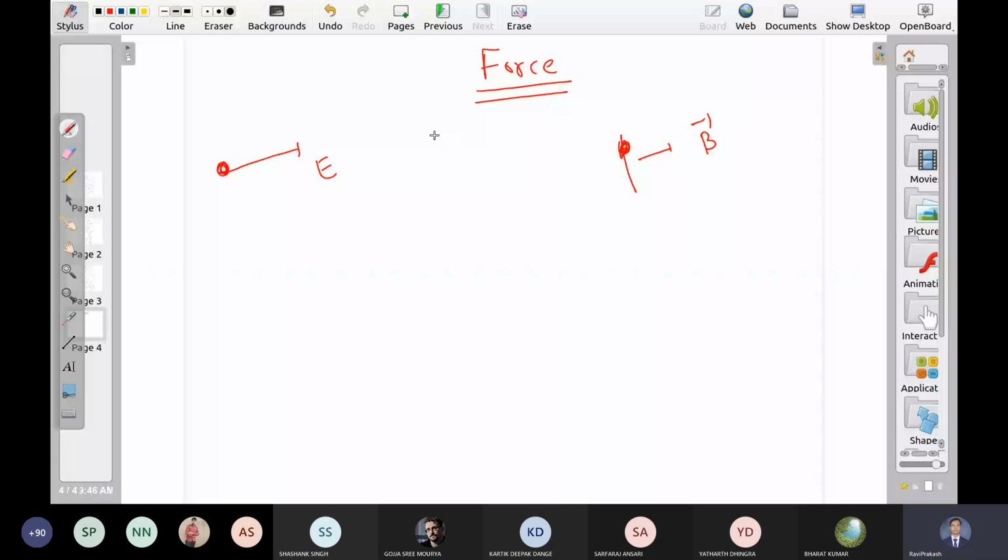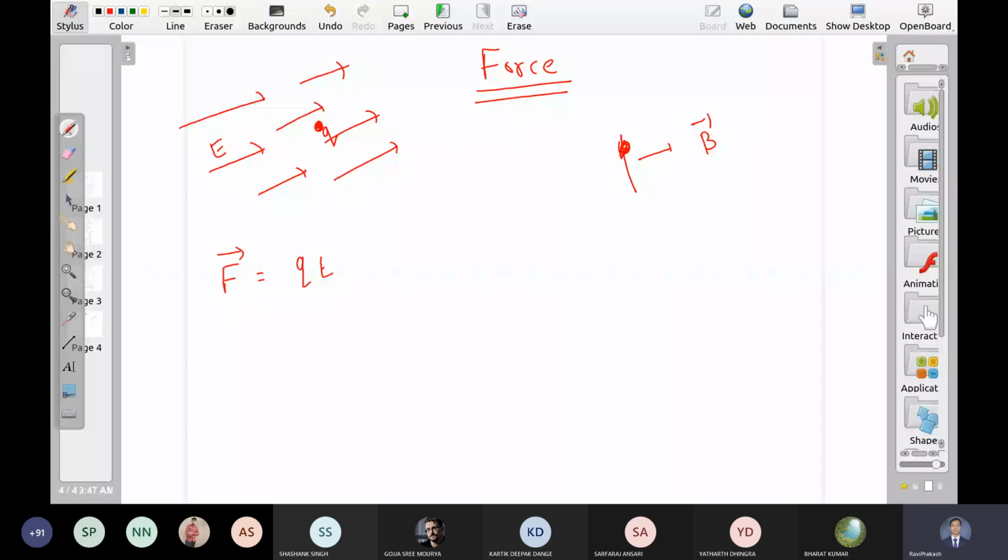What is the force in electric field? Quite simple. So let us say we have some charge. Now let me first put the electric field. It may come from any charge distribution or anything, and I put a charge Q here. Due to this electric field E, what is the force on this charge? This much.